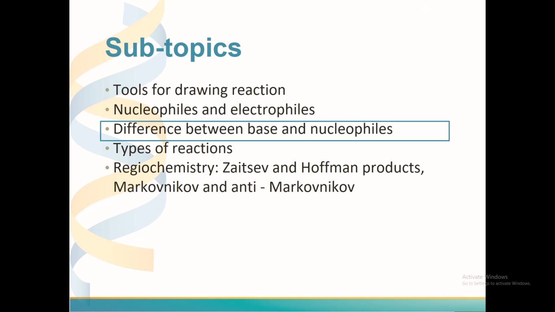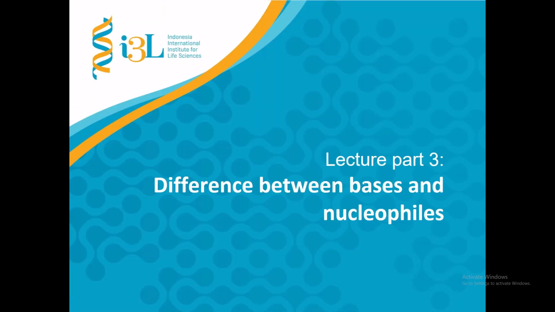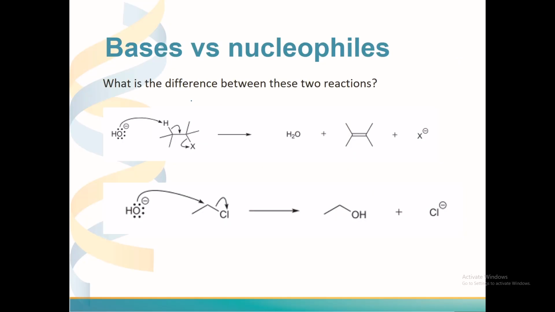Okay, so that's for nucleophiles and electrophiles. Let's continue with the difference between bases and nucleophiles. The difference between nucleophiles and bases can be seen from these two examples. In organic chemistry, all nucleophiles are bases, but nucleophilicity and basicity can be seen from how these nucleophiles or bases work.